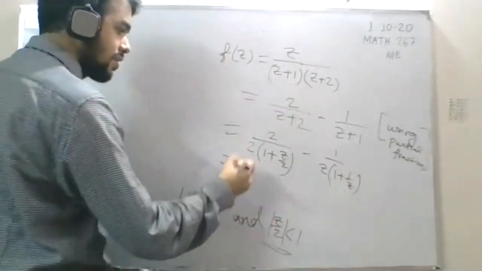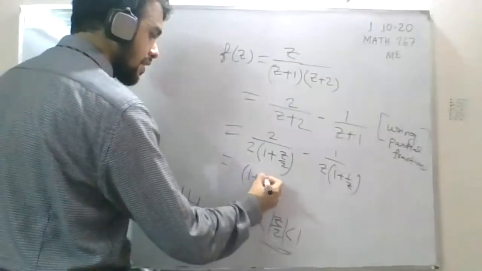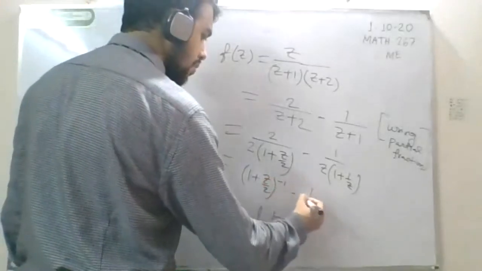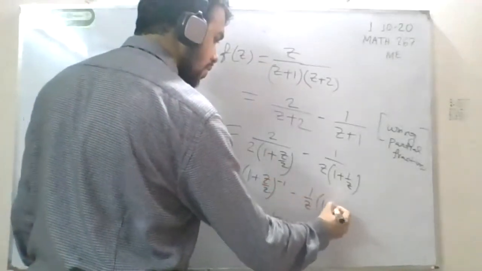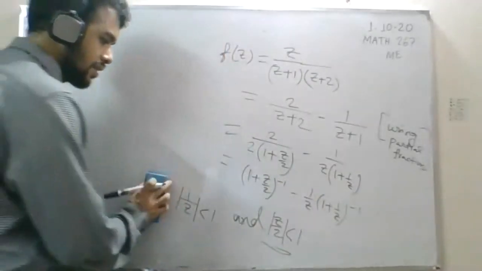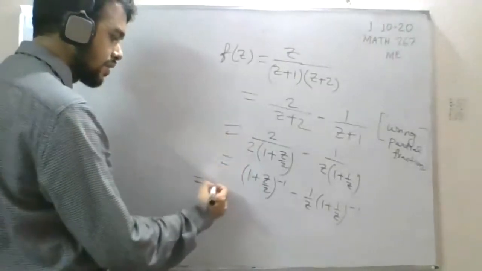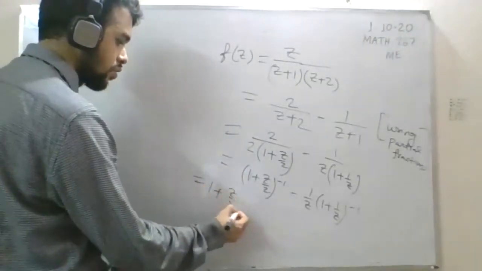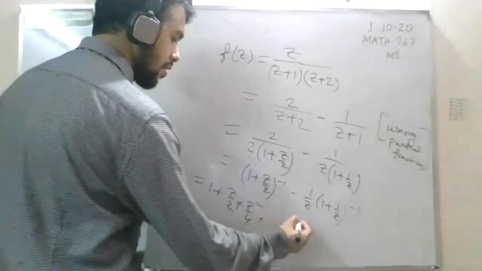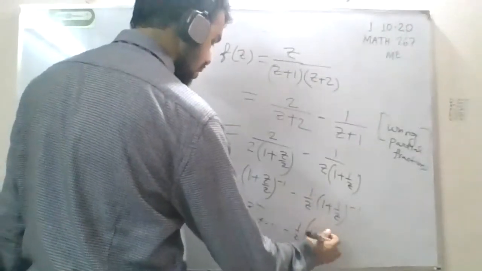Now write it as 1 plus z by 2 inverse, and also 1 plus 1 by z inverse. Now just extend it in binomial form, and you get 1 minus z by 2 plus z square by 4, and also 1 by z into 1 minus 1 by z.